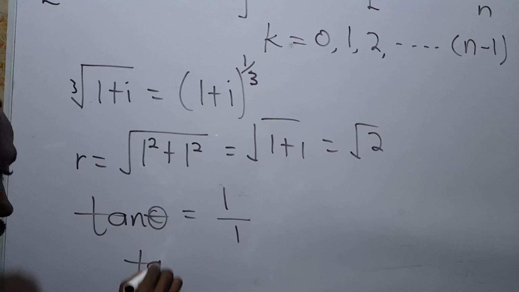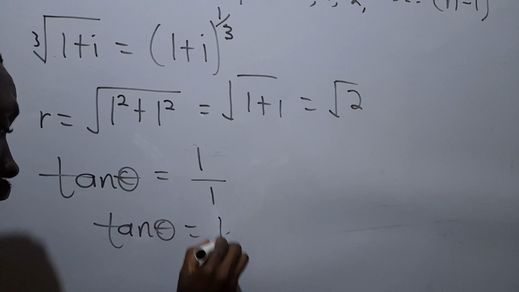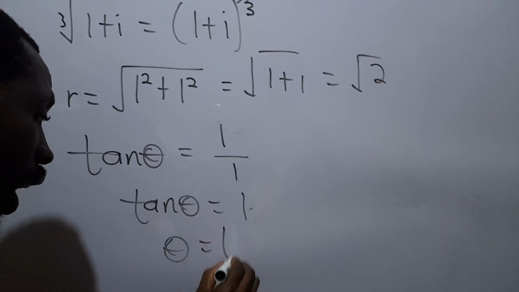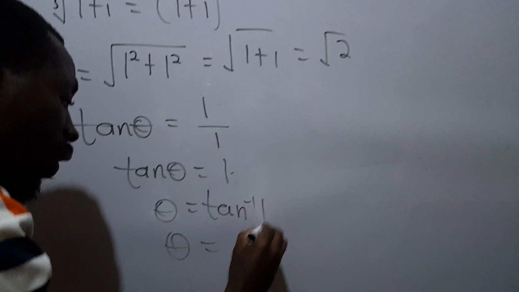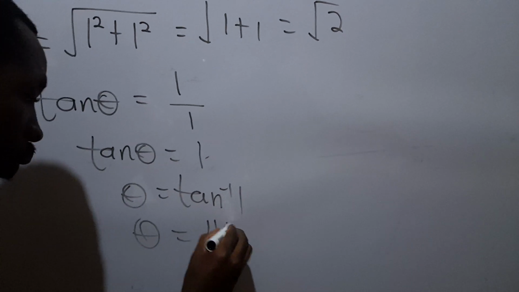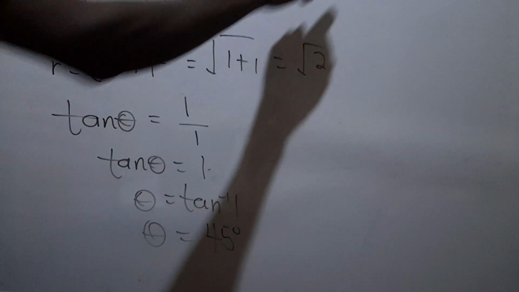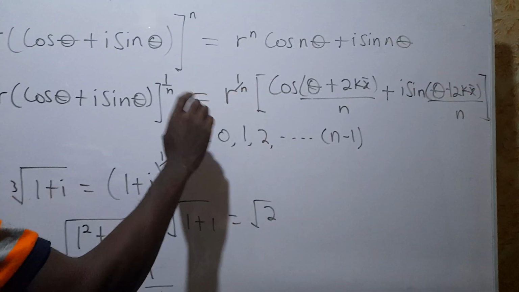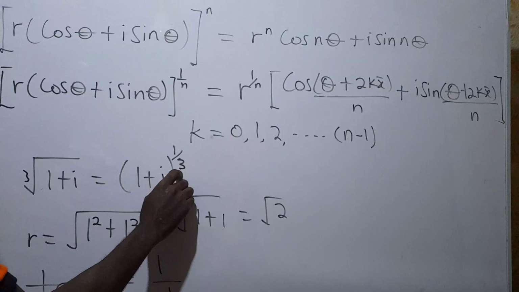So tan theta will be equal to 1, and theta will be equal to tan inverse of 1, and the tan inverse of 1 is 45 degrees. So we established the fact that theta is 45 degrees. Our n here is 3. Look at it. So the n is 3.